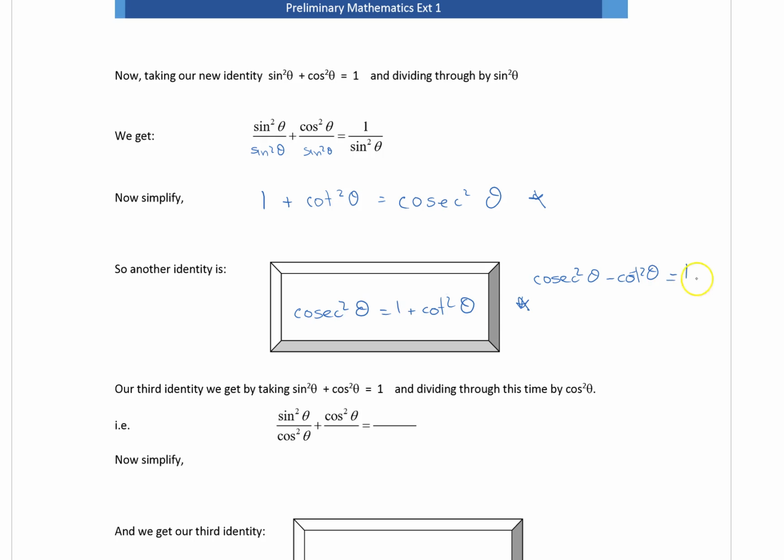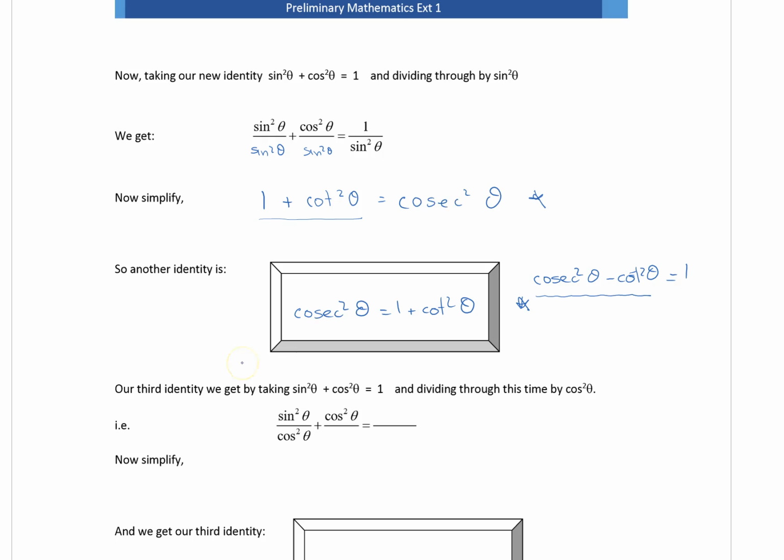Now please remember, 1 could be replaced with this, if that's what you would like to have in an expression, as opposed to just having a simple 1. If you find you've got the expression 1 plus cot squared, and it's not looking like there's any cot squareds needed, but you do need cosecs in the expression, then replace your 1 plus cot squared with this cosec squared.